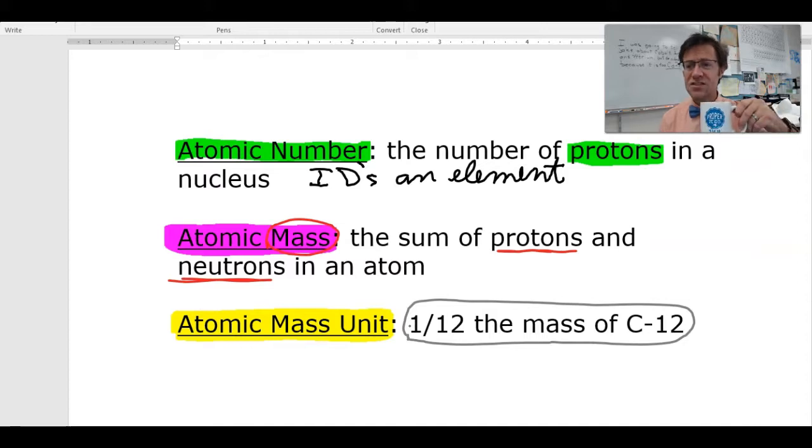Now you might be asking, Stu, what the heck is carbon-12? Well, I'm going to explain for just a minute. There's a little story here about history and chemistry. So carbon-12 looks like this. First there's C, that's for carbon. Down here we have 6, because that is the atomic number.